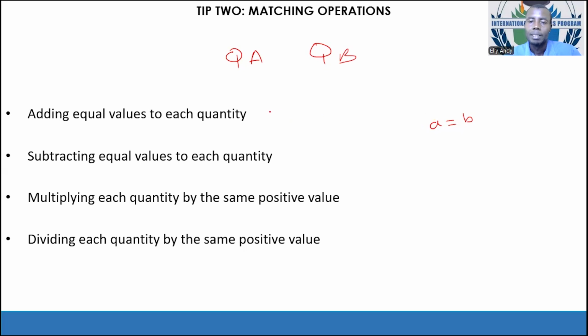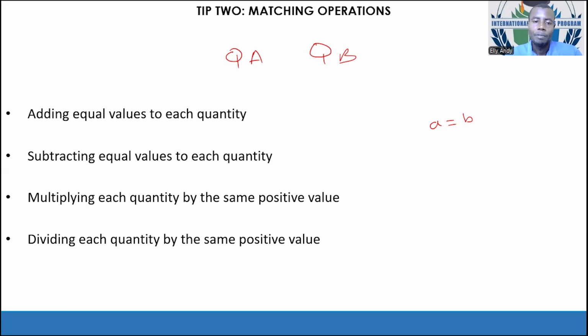But for these cases, there are only a few operations that you can do without changing the fundamental relationship between A and B. And that is very crucial, because if you change the fundamental relationship between quantity A and quantity B, you will end up with an erroneous comparison and your answer will be wrong.